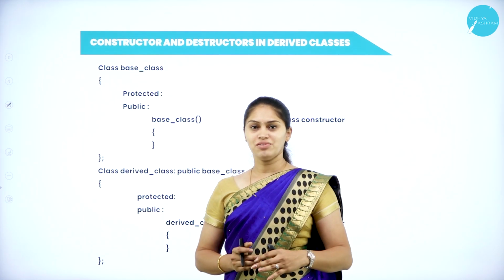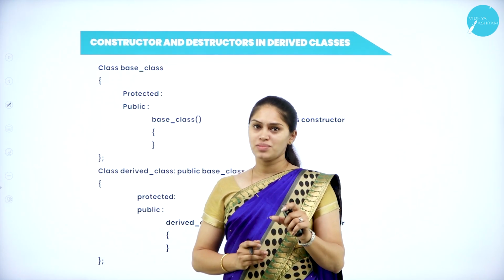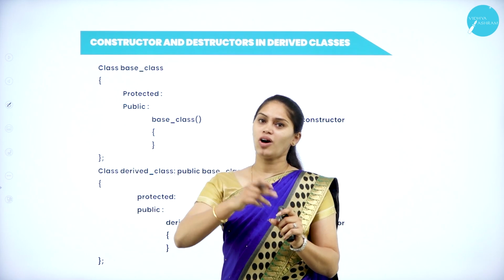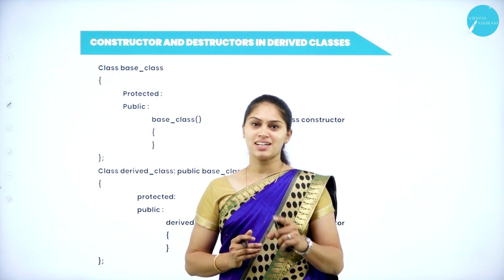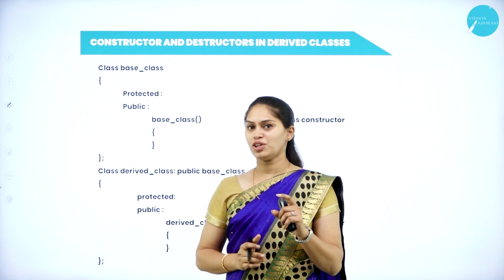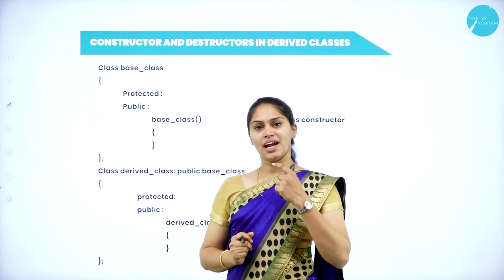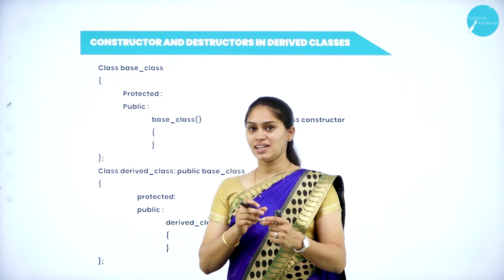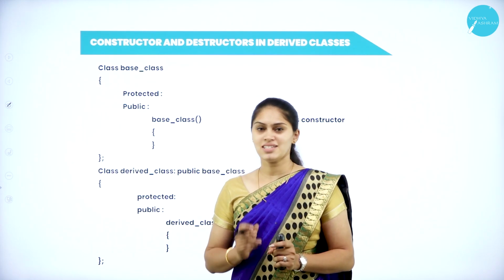When I am creating an object, at that time the constructor will be called automatically. Now we'll see how I can use constructors and destructors in a derived class. Already we know that we are going to create an object for the derived class, not the base class. When I'm creating an object for the derived class, which constructor must be called first and which destructor must be called first, we'll see now.